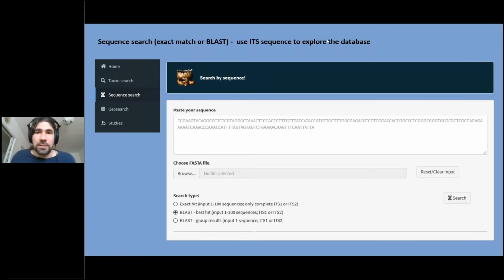As I mentioned, it's not only searching by exact species that is available. You can also input your own sequence, for example from your favorite fungi, or some unknown sequence, and identify it through the database.